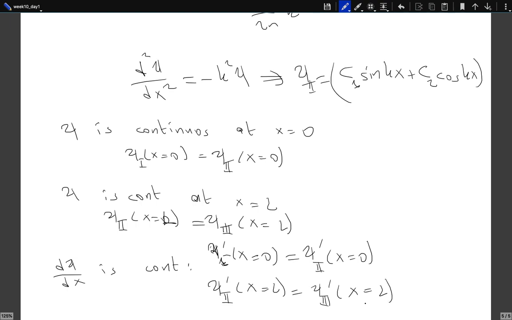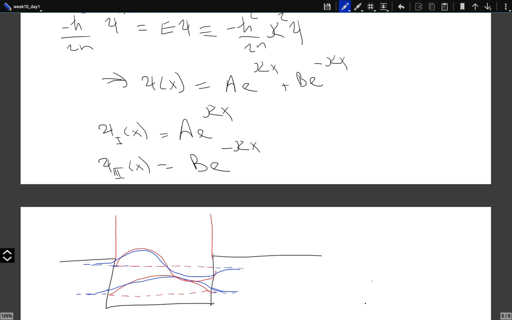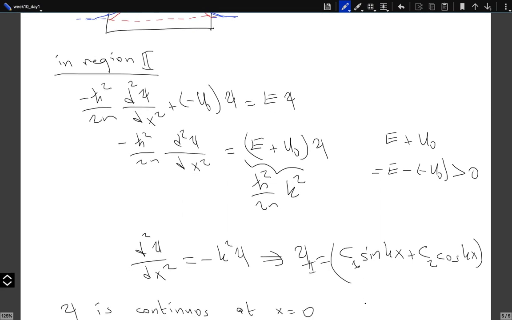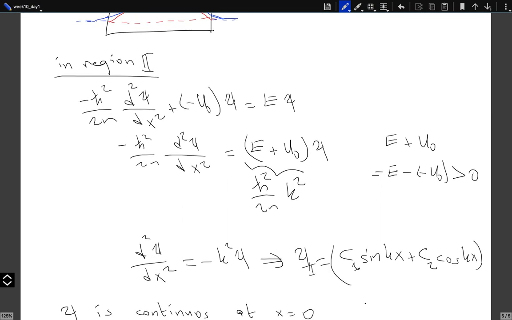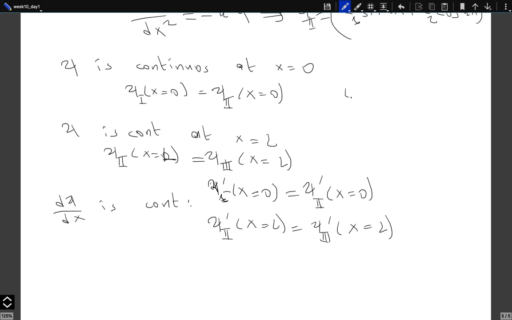So we don't know A, we don't know B. You see here in psi1 we have one unknown A, another unknown B. And then here you have two more unknowns, C1 and C2. You have four unknowns, and here you get four equations.